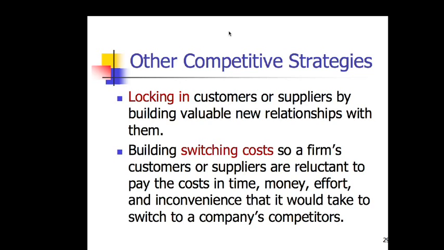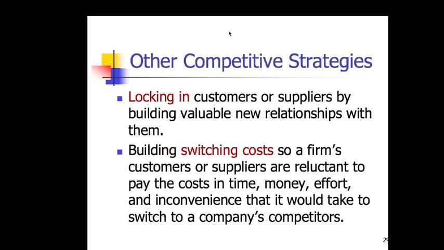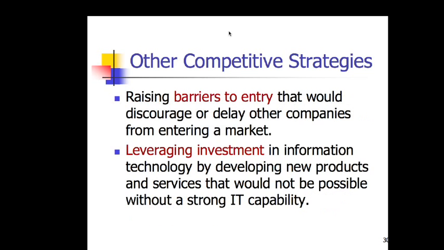Or building switching costs so that the firm's customers and suppliers are reluctant to pay the costs it would take to switch from your company to another company. More competitive strategies in terms of how you can use IT to lock your customers in. And I think actually this is probably where I stopped last time. So I'll pick up about right here. This is about right? Yeah, okay.